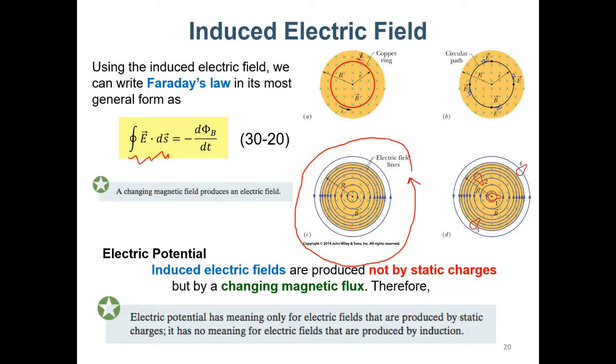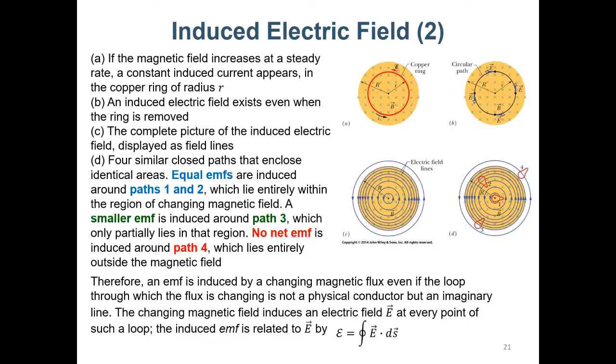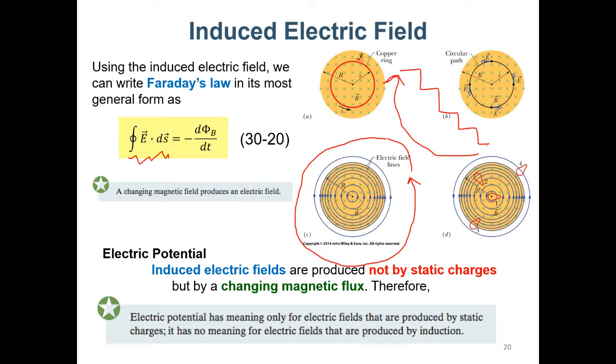However, when you go around a loop, you come back to the original place. So it's just like in a building, you try to go downstairs, and suddenly you find that you are at the original point. This doesn't make sense. So in this case, you cannot consider electric potential when there is a time varying magnetic field.